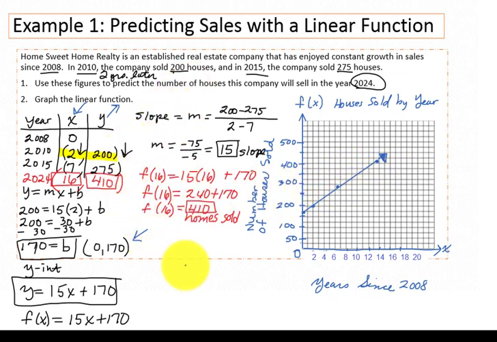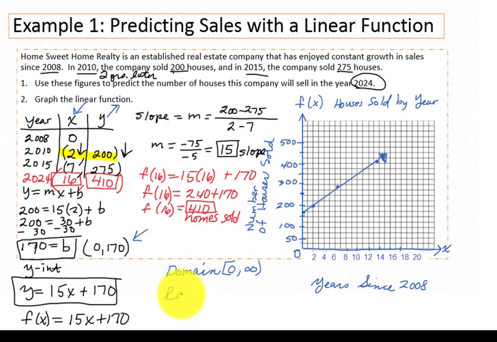It's always a good idea to consider domain and range again. The domain would be the input, or years since 2008. So the domain in this case went from 0 to infinity because we had an arrow at the right side of our line. So the domain would be from 0 to infinity, which really represents the year 2008 and into the future.